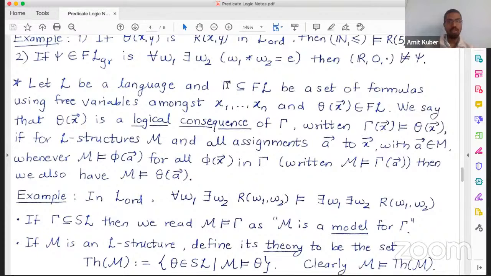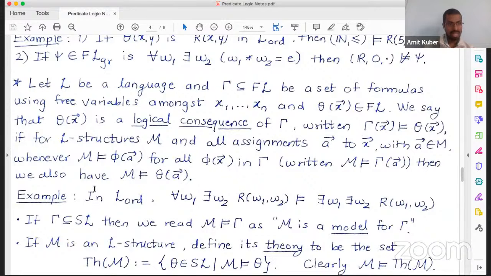From a set of formulas, you can say that a single formula is its logical consequence, written using this double turnstile symbol, if for all L structures M and all assignments A bar to X bar with A bar in M, whenever the left hand side is true, then the right hand side is true.